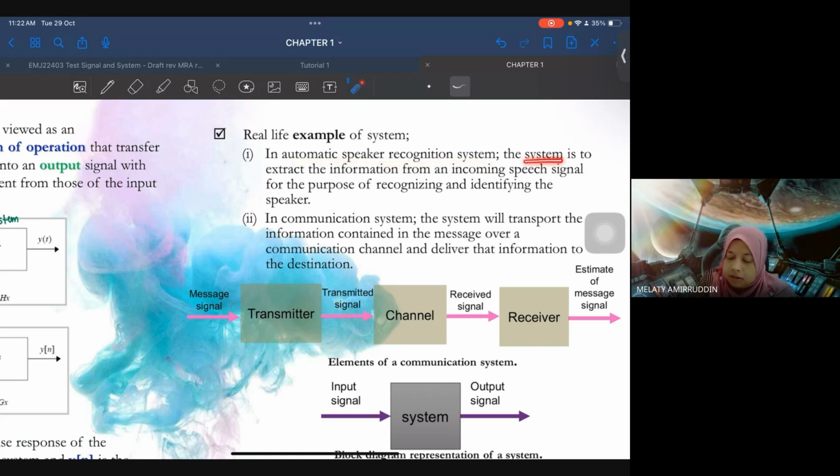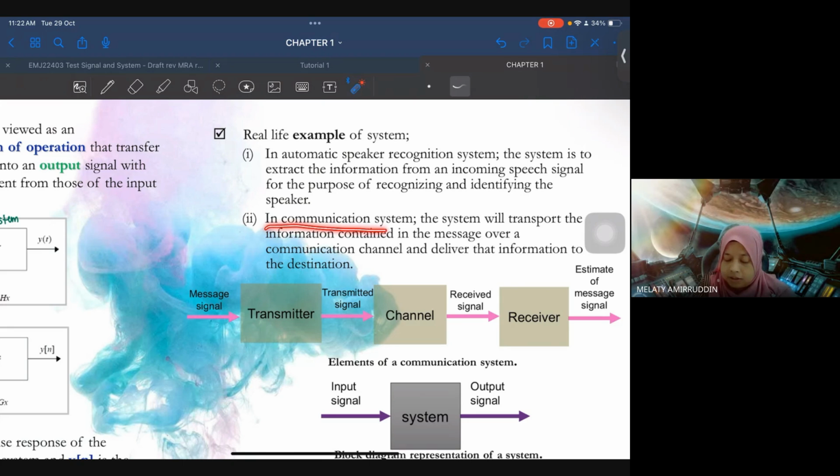The system is used to extract information from the incoming speech signal for the purpose of recognizing and identifying the speaker. It is something like an oscilloscope. We have an input signal and then the oscilloscope will generate the signal, so it is a system inside the oscilloscope.